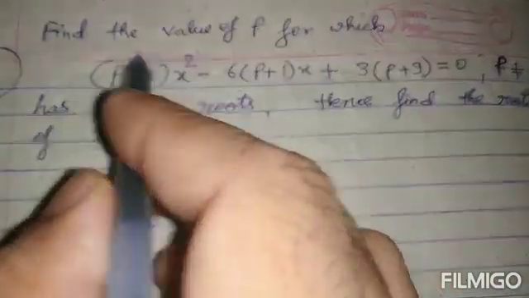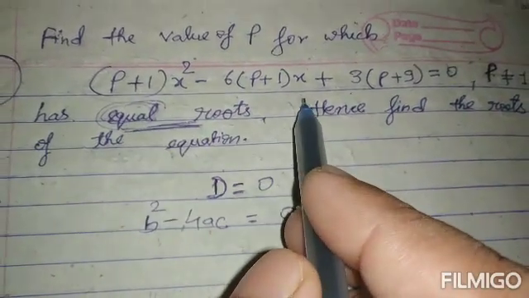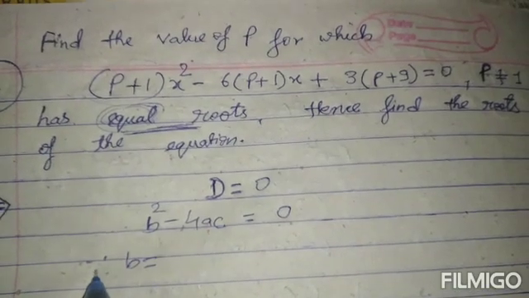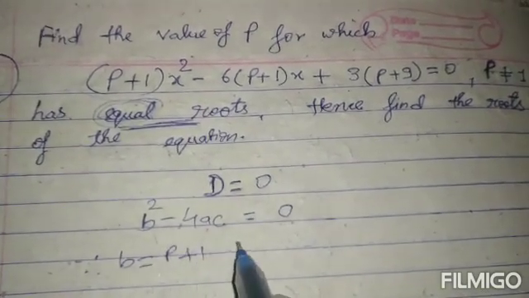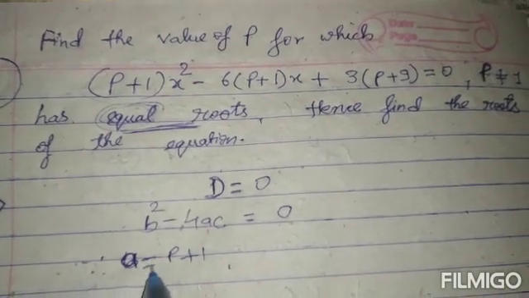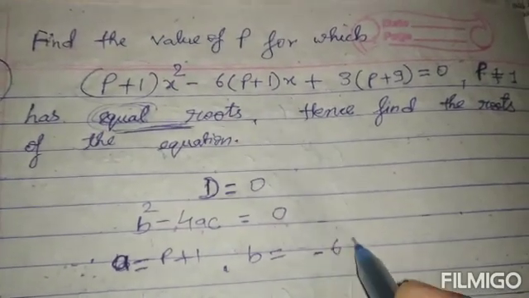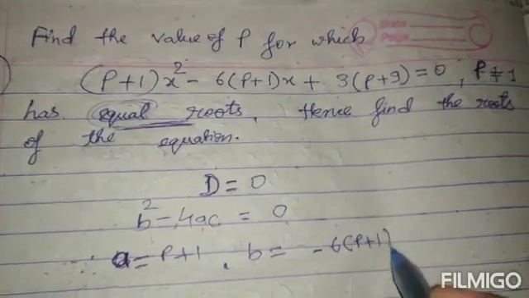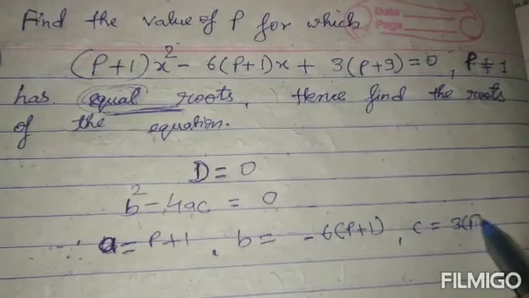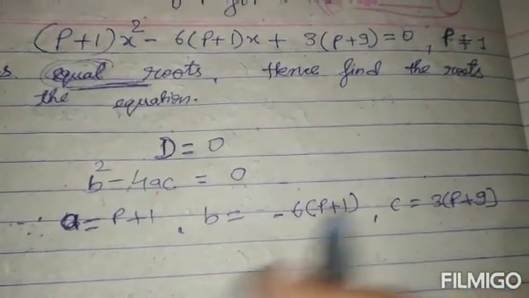And if we compare this quadratic equation with the standard form, then we can get the value of a as p + 1. Sorry, the value of a is p + 1, not b. The value of a is p + 1, the value of b is -6(p + 1), and the value of c is 3(p + 9).